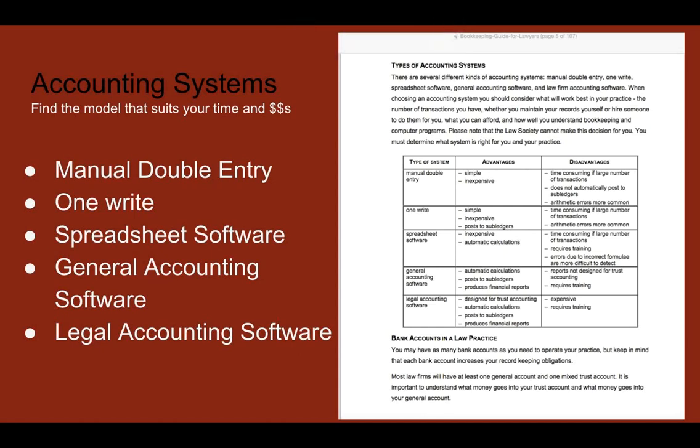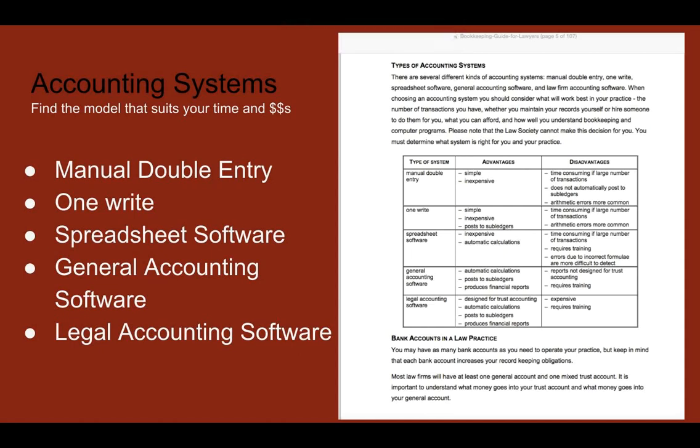When it comes to general accounting software, it's relatively faster because of automatic calculations. There's also posting into subledgers, and you also get some financial reports, maybe like sales reports, income reports, balance sheets, trial balance. Those are common reports, not the specific legal accounting related reports or the bookkeeping compliance reports laid out by the Law Society.